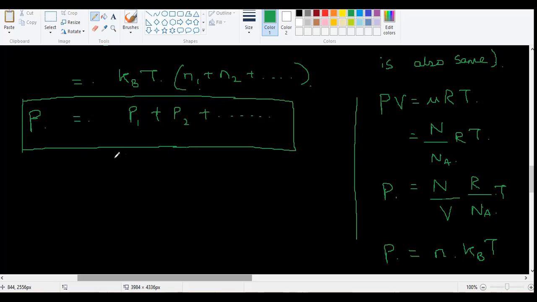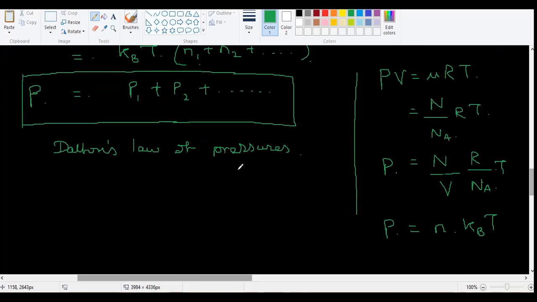So this is called Dalton's law of partial pressures. It's basically when we have non-reacting gaseous mixture. So the total pressure of the mixture is the summation of partial pressures of different component gases. Very good. The very important word which he said was non-reactive mixtures. Why? Because if they react, then it will become some other molecule.